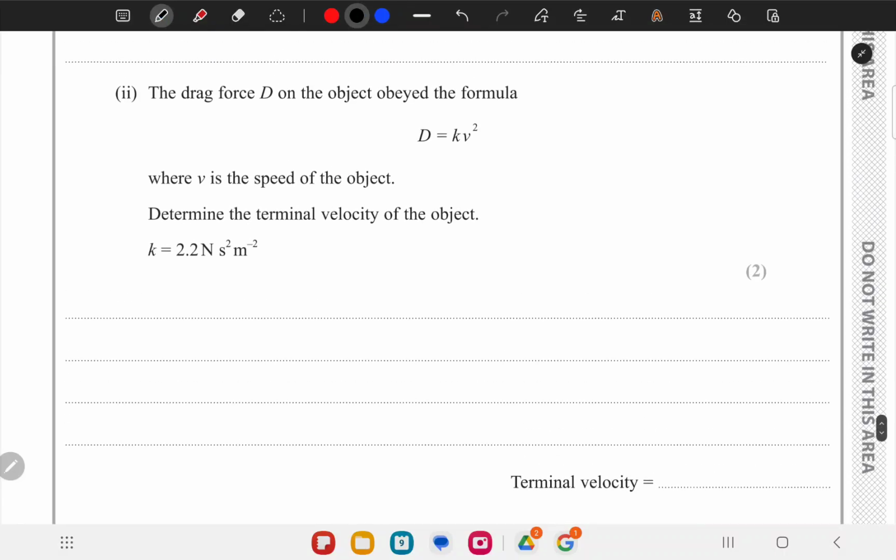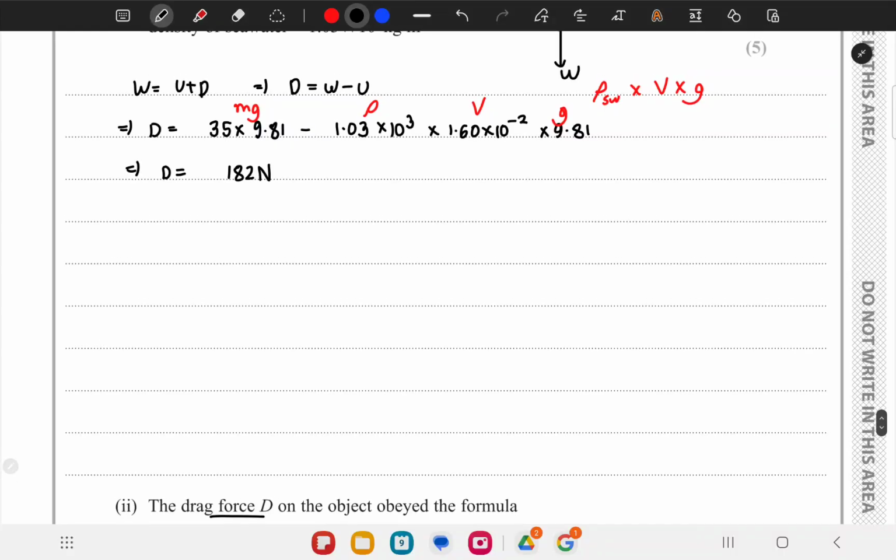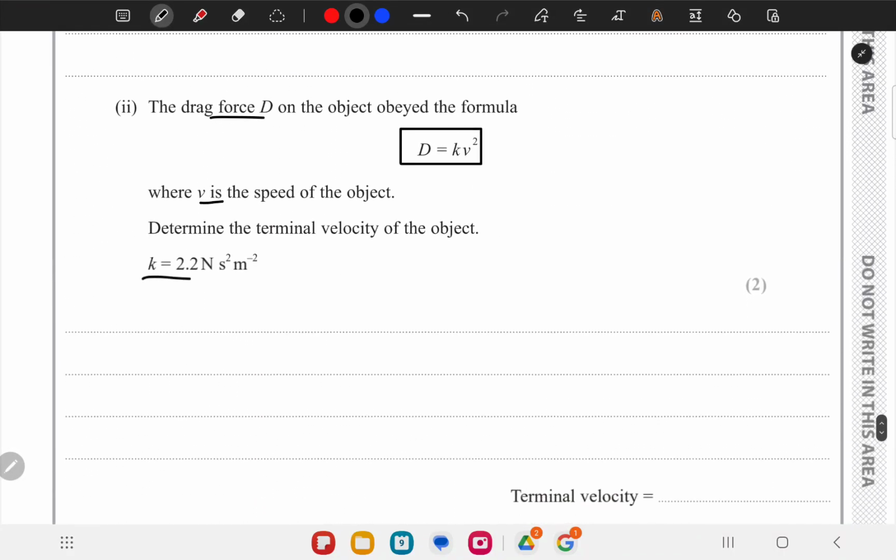Now the drag force, we are told that the drag force D on the object obeys this formula over here: K times V squared. The value of K is given. V is the speed of the object. We have to find the terminal velocity. So at terminal velocity, the drag is 182 newtons.